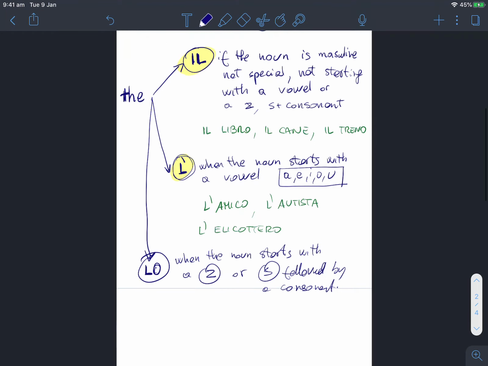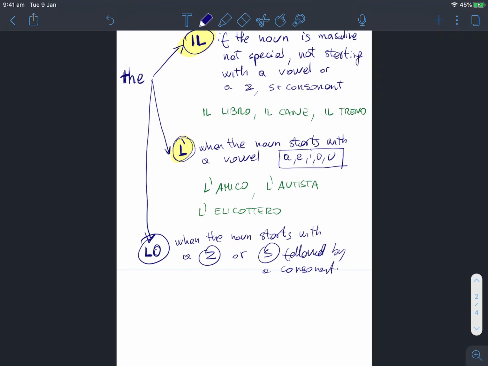For example, the word uncle, zio, which means uncle. You need to put lo zio to say the uncle. The word studente, lo studente. Stadium, stadio. If I want to say the stadium in Italian, what will I say? Lo stadio.